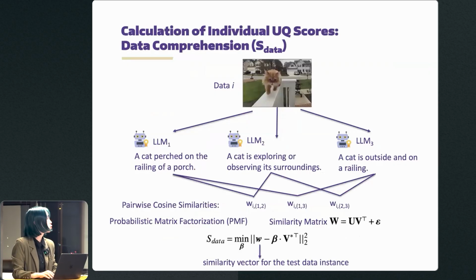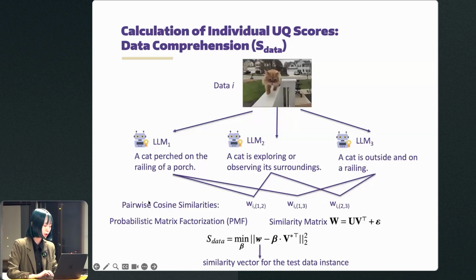To calculate S data, we begin with the data instance i. Then we give this video data to different LLMs. Assume we have 3 different large language models. The 3 large language models will provide different data descriptions of the same data.